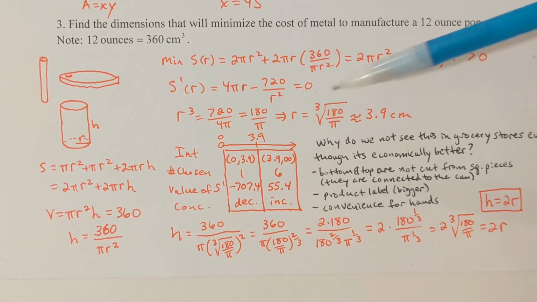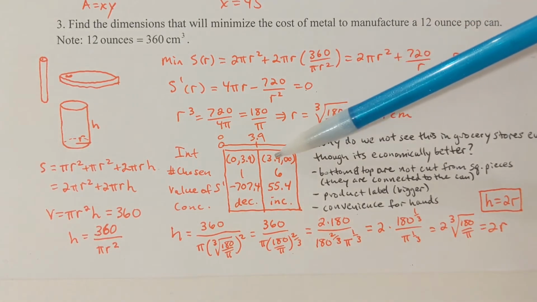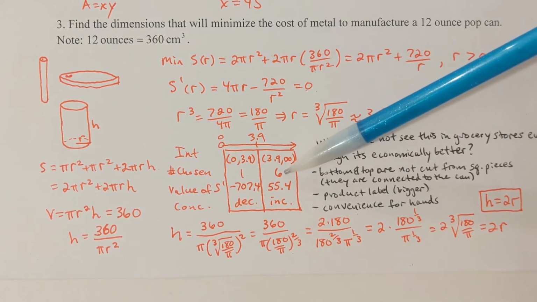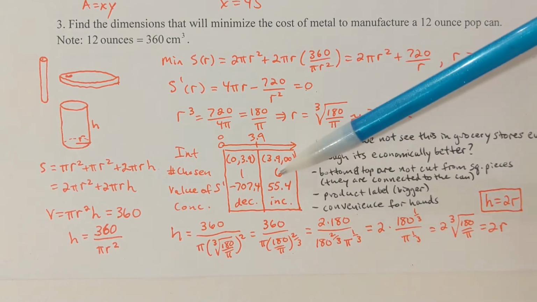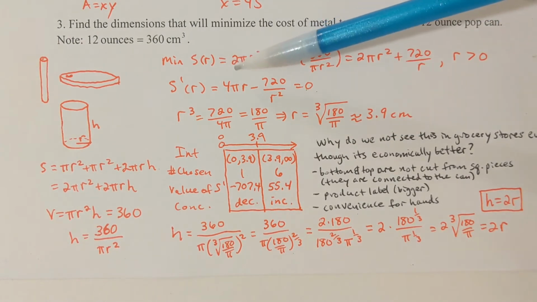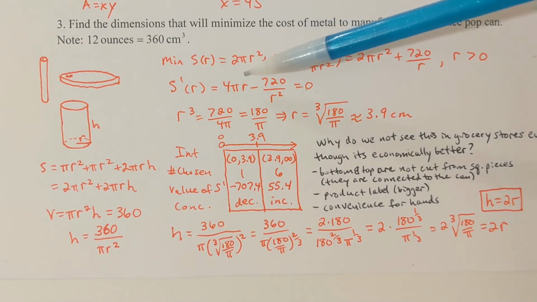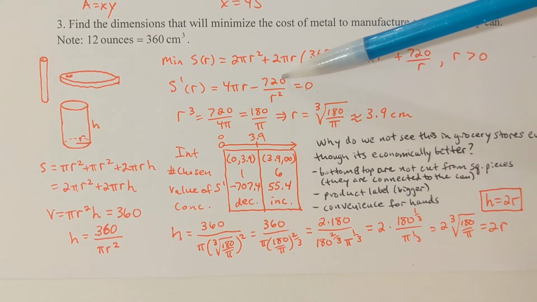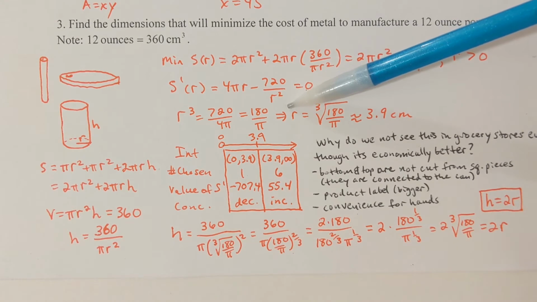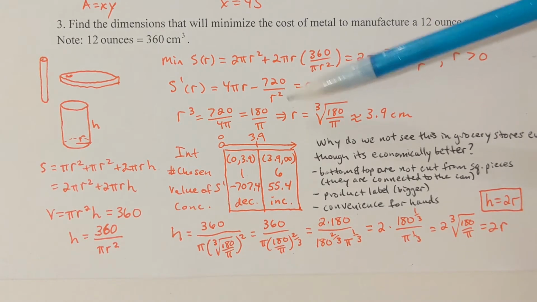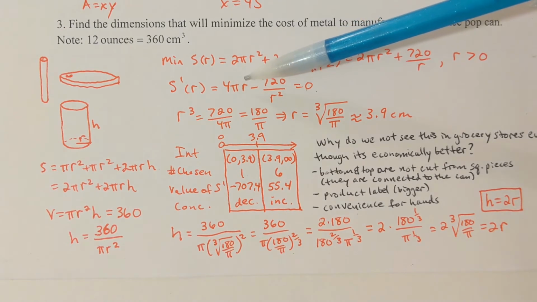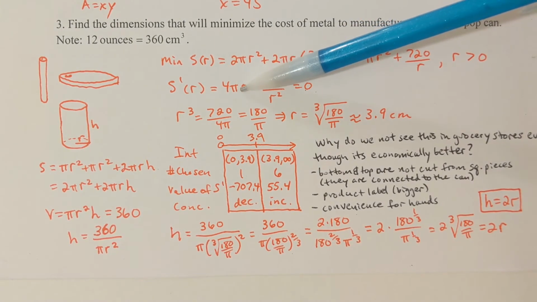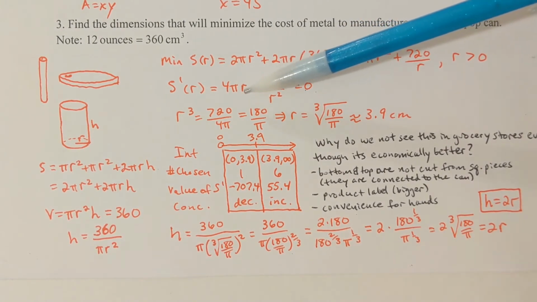Okay. How about a number in the second group here, like if I let r be 6? If I plug that into s prime, r is 6, I've got 24 pi minus 720 divided by 36. 720 divided by 36 is 20. Okay, 4 times 6 is 24. 24 pi, that is bigger than 20.